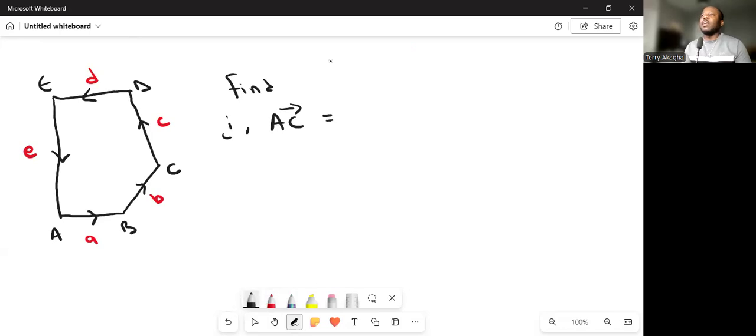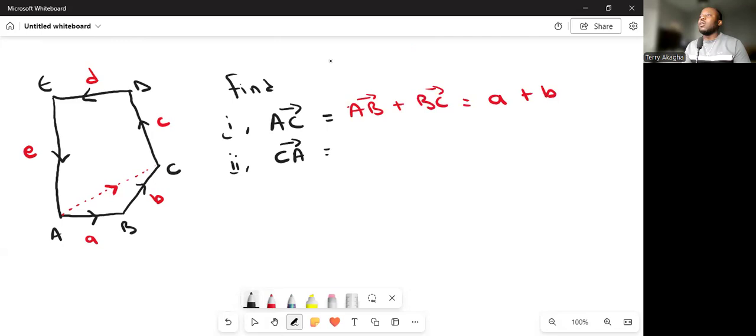So vector AC, you want to move from A all the way to C. So that means you'll have to move in the same direction. It's going to be AB plus BC, which then gives you A plus B. Now, if, for instance, you were told to find CA, you're going to still add, but you'll be adding CB plus BA.